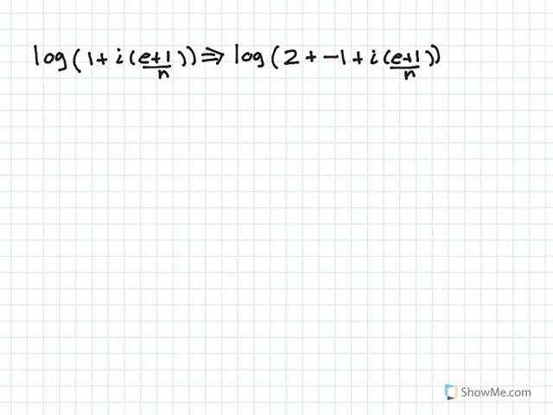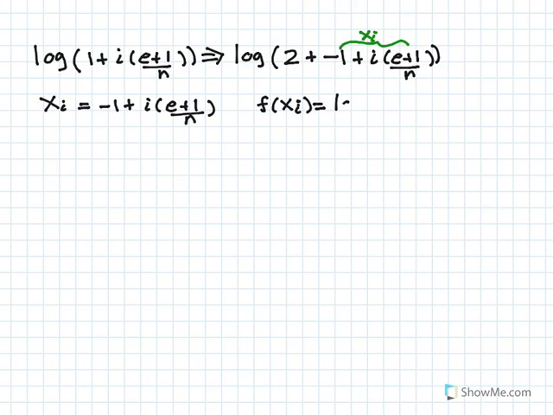Now this part here, negative 1 plus i times (e plus 1)/n, that's xi. Alright, so we have xi is equal to negative 1 plus i times (e plus 1)/n. f of xi, the functional value, is going to be log of 2 plus xi.